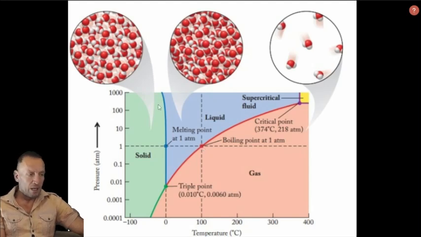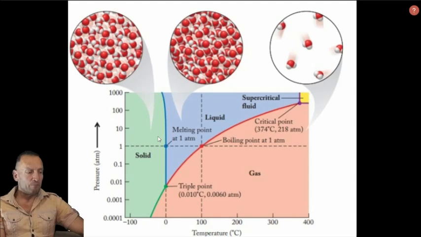But there are a lot of combinations between pressure and temperature. If we raise the temperature, the water is going to stay gas at 1 atmosphere, that's for sure. If we reduce the temperature below the fusion point or the melting point, it is going to stay solid. But now some interesting things are going to happen if we reduce the pressure.